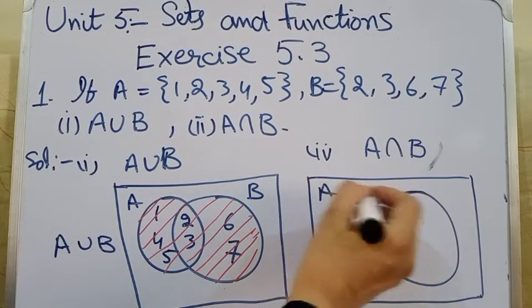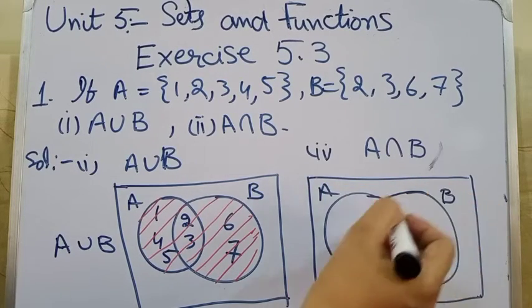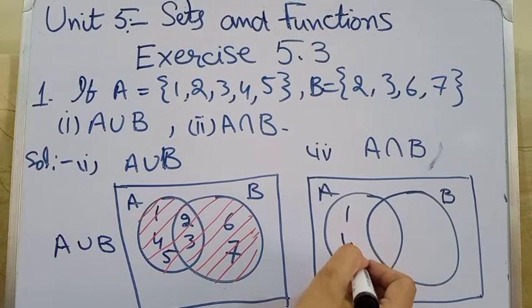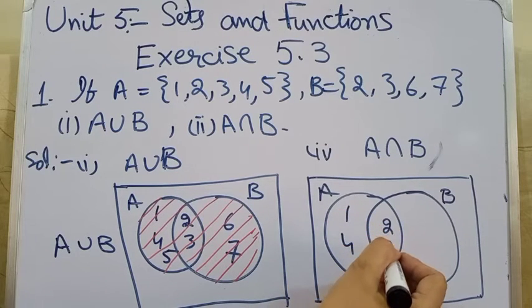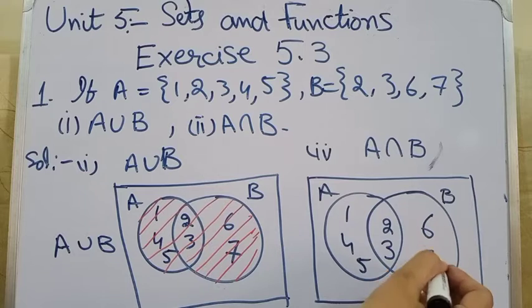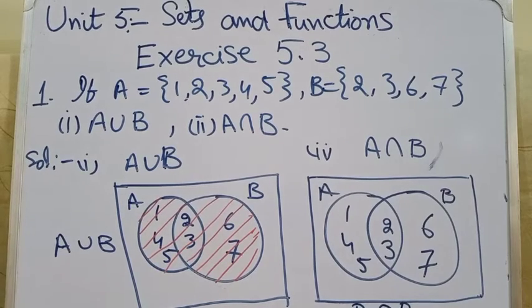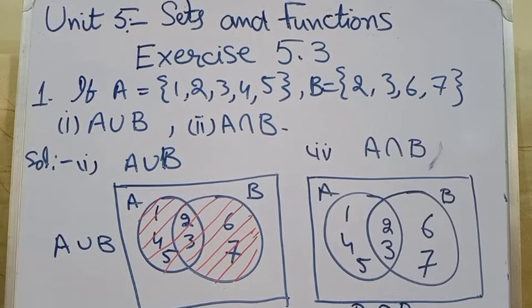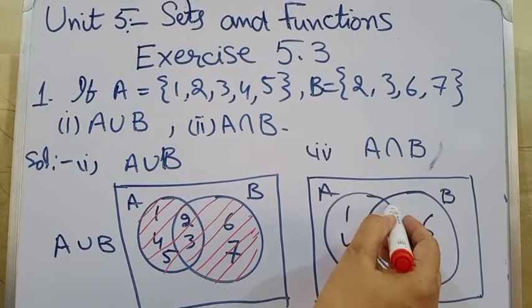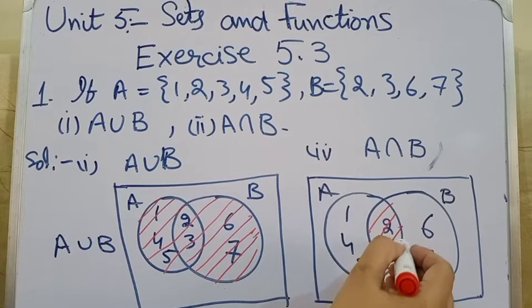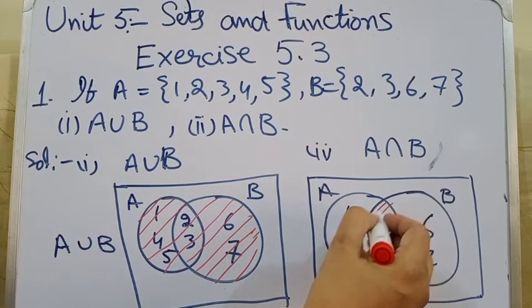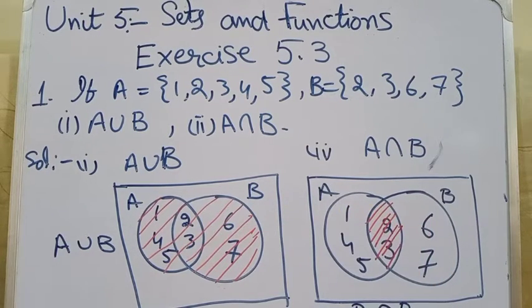We write all elements in a similar way, 2, 3, 6, 7, but here we color only the common elements, which are 2 and 3, and this is the main difference between A union B and A intersection B.